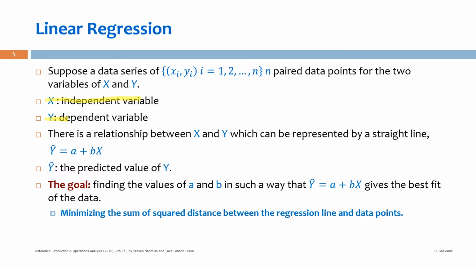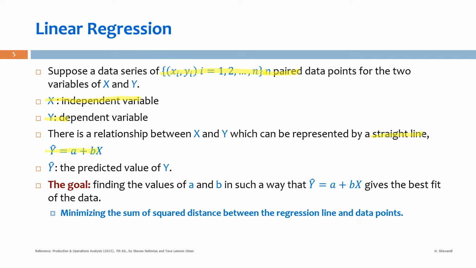And so we have n paired data, x and y, so we have n historical data here, and we are going to consider a linear relationship between x and y. So we will estimate a straight line relationship between x and y.